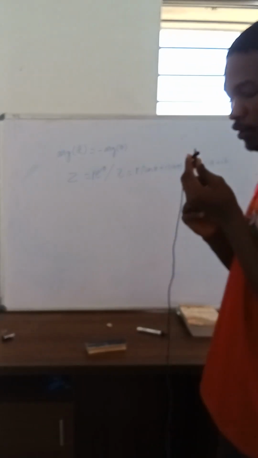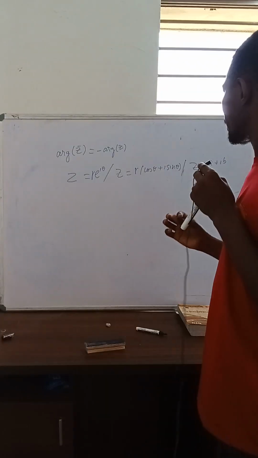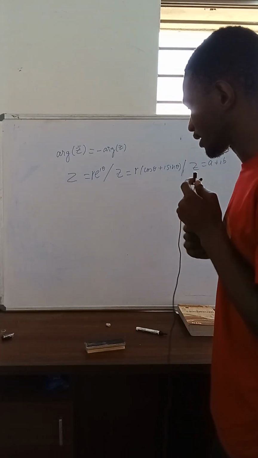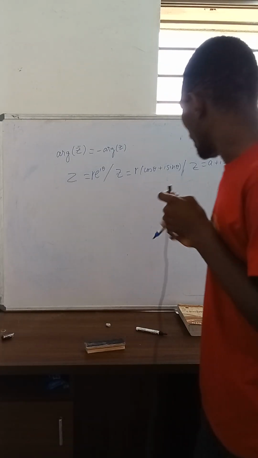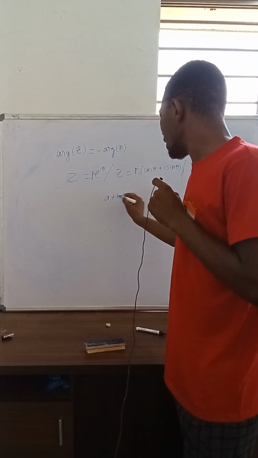So what is the conjugate of this expression? What is the conjugate actually? The conjugate is the term that will make this square. Suppose we have a plus b. What will be the conjugate of this expression?